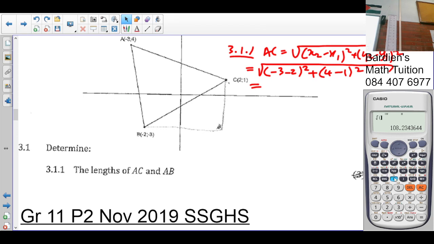Get it in the normal order by pressing shift 9, 3, and clear all. So it's the square root of, open brackets, negative 3 minus 2, all squared, plus, open brackets, 4 minus 1, squared. That gives an answer of root 34. Okay?